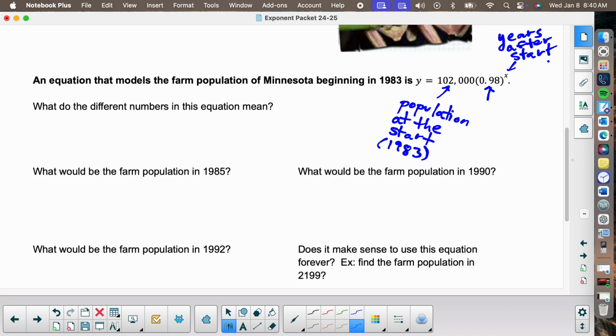The .98 is the one that I didn't expect anybody to know, but it will sort of make sense. The .98 represents 98%, which means you lose 2% population each year.